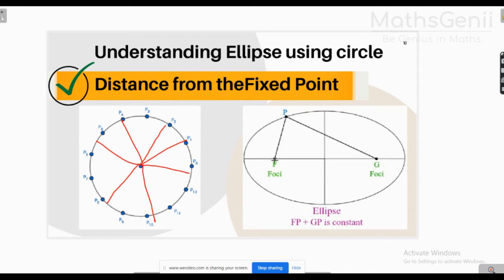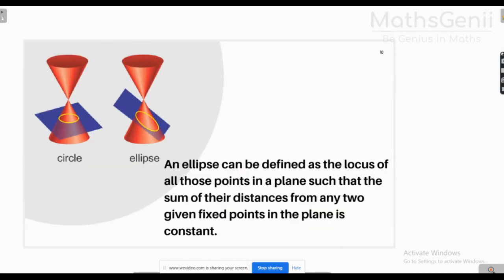Similarly, in ellipse, from the fixed point, you draw any distance anywhere, the distance is going to be the same. If this distance is 80, this is going to be 80. From anywhere you draw, using those foci, any point you draw, the distance is going to be the same. Okay, now that we have studied already all the properties, now let's look at the formal definition.